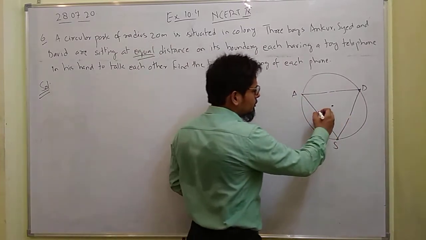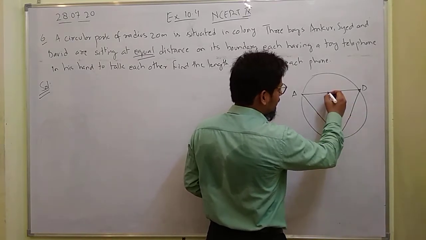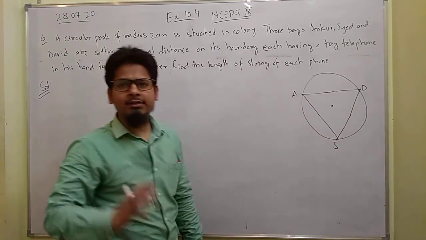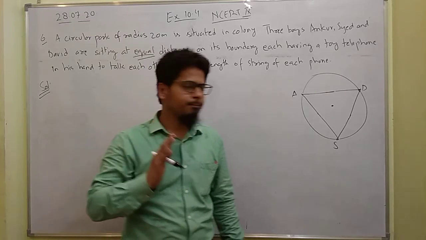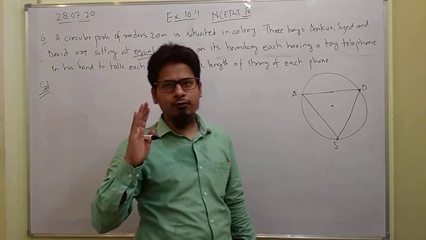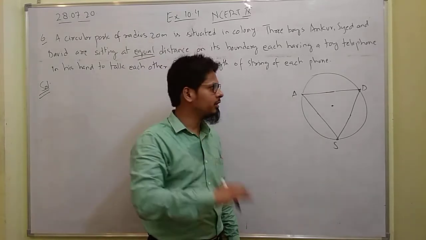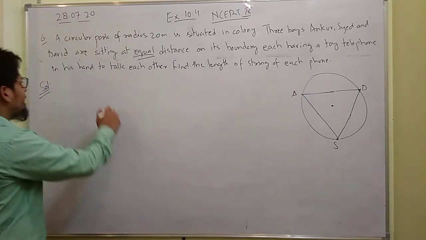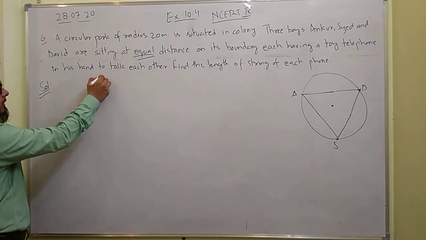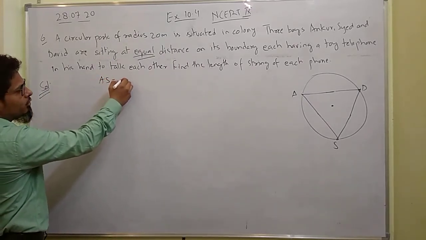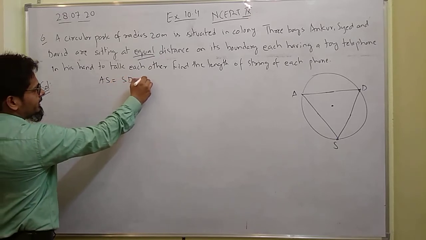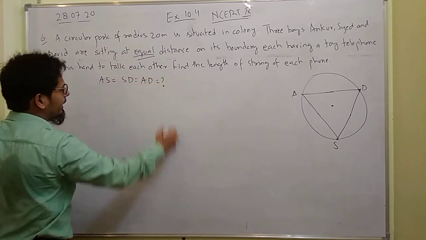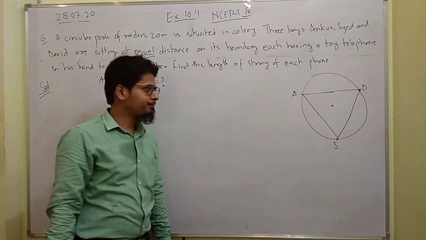So we have to find the side of an equilateral triangle. We can find AS, or we find SD, or we find AD. Anyone, if you find, this will be the required answer.